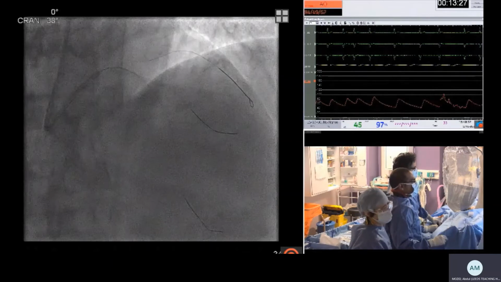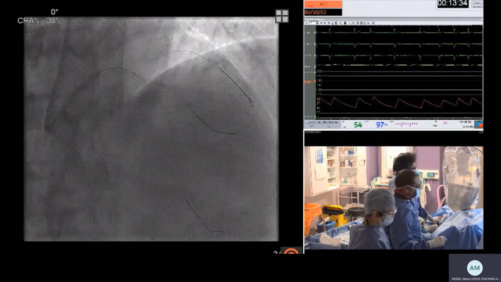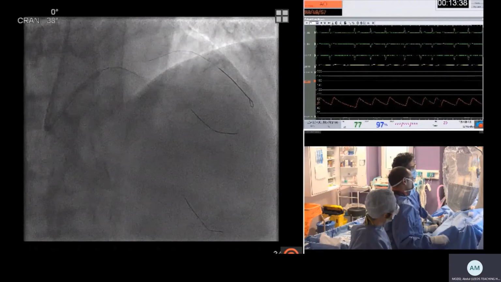You can see here that he does have episodes of hypotension, which was treated with IV metaraminol, with good recovery.